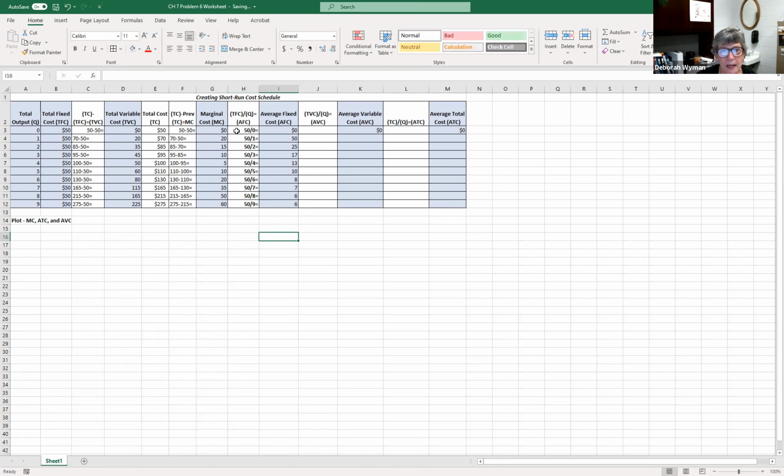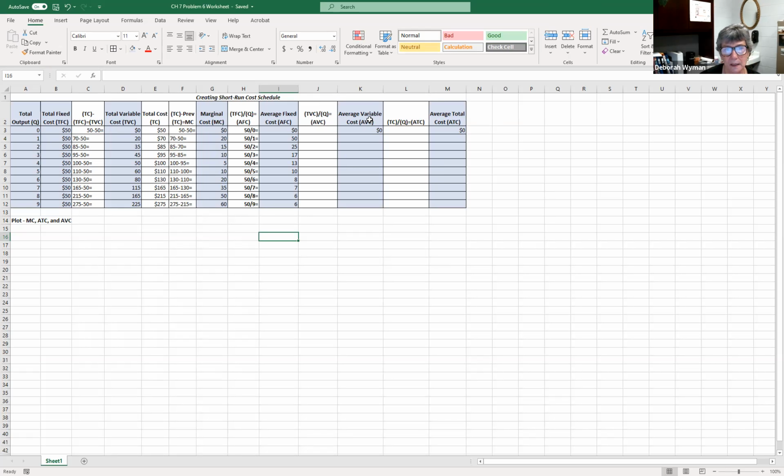Okay, so now we have our average fixed cost. We took our total fixed cost, which is here, $50, right? Divided by our quantity, which is here, to get our average fixed cost. Now we're trying to calculate for average variable cost. So we have our total variable cost divided by quantity equals average variable cost.